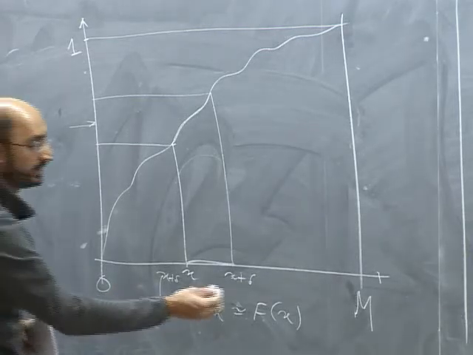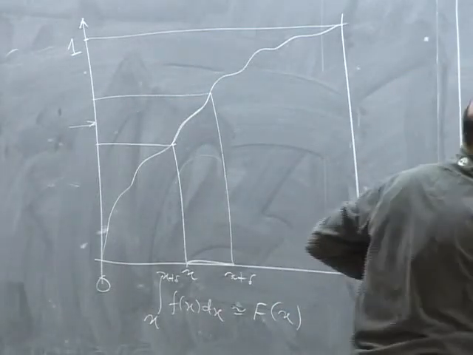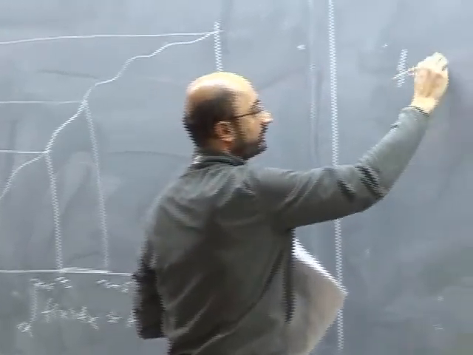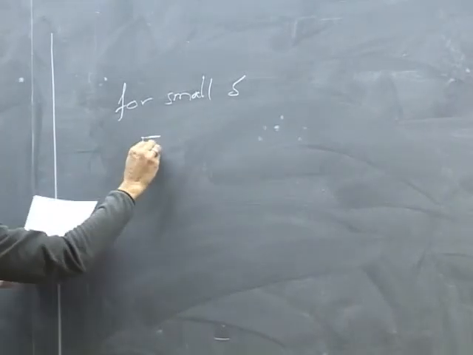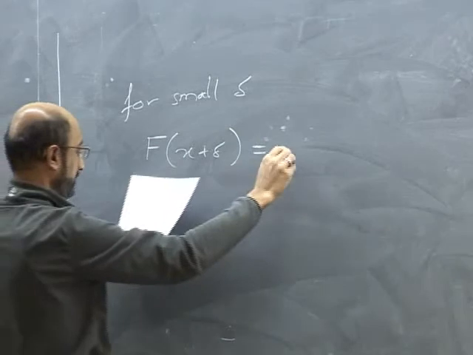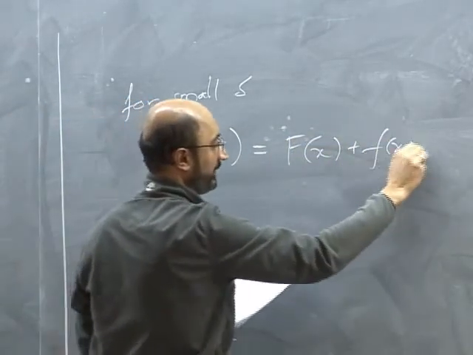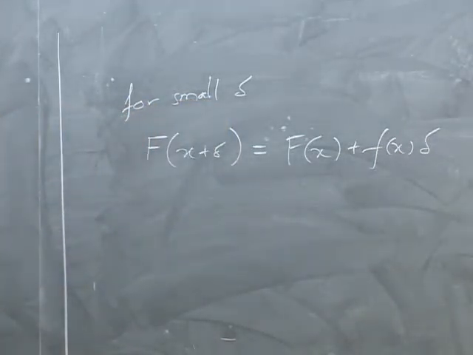So mathematically speaking, we can say that for small delta, capital F of x plus delta is going to be capital F of x plus small f of x times delta. So what does this mean?